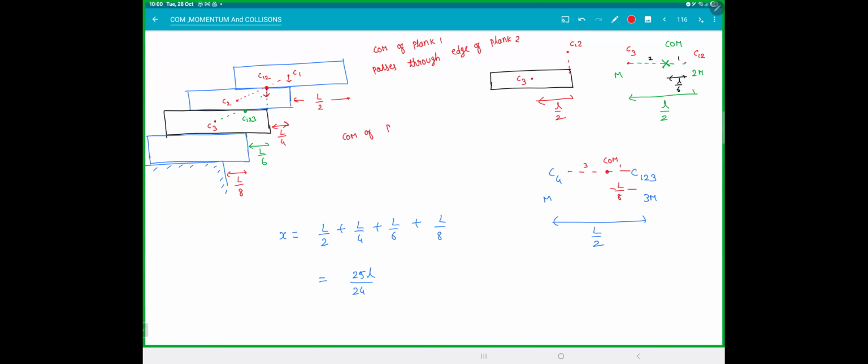Center of mass of plank 1 and 2 passes through edge of plank 3. And so on. Are you clear with this?